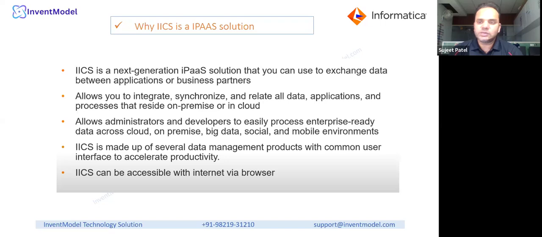It allows you to integrate, synchronize, and relate all data, applications, and processes that reside on premises or in cloud. It allows administrators and developers to easily process enterprise-ready data across cloud, on-premises, big data, social media, and mobile environments.